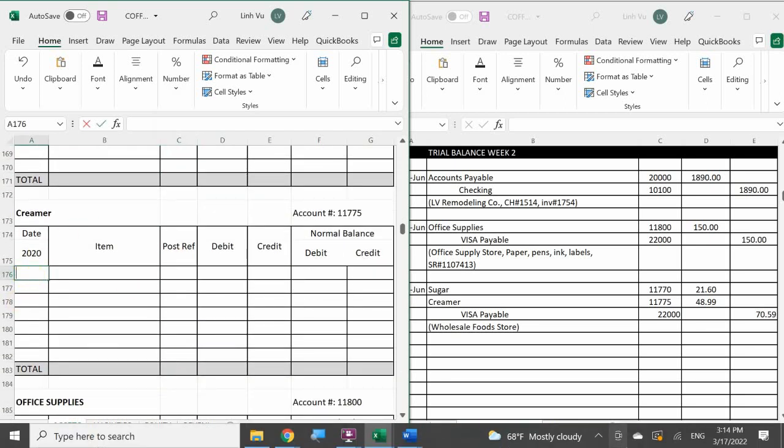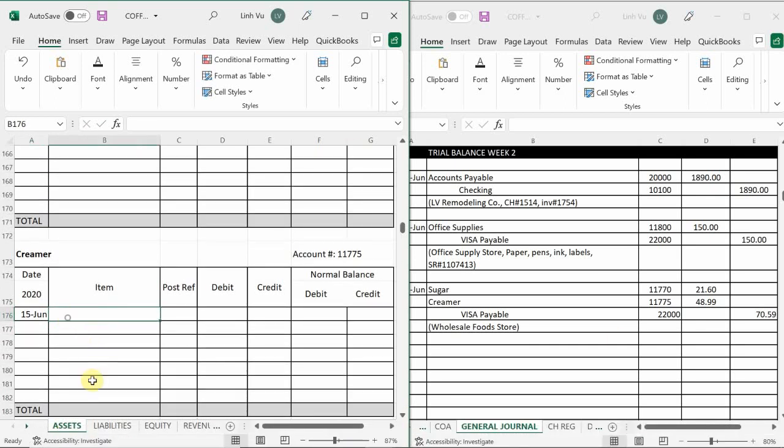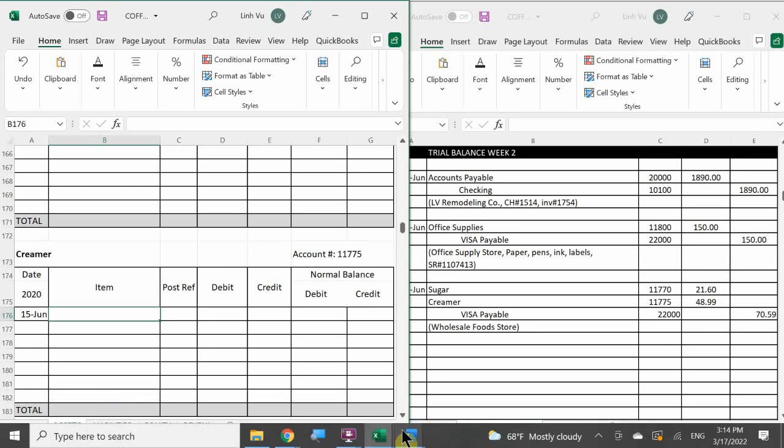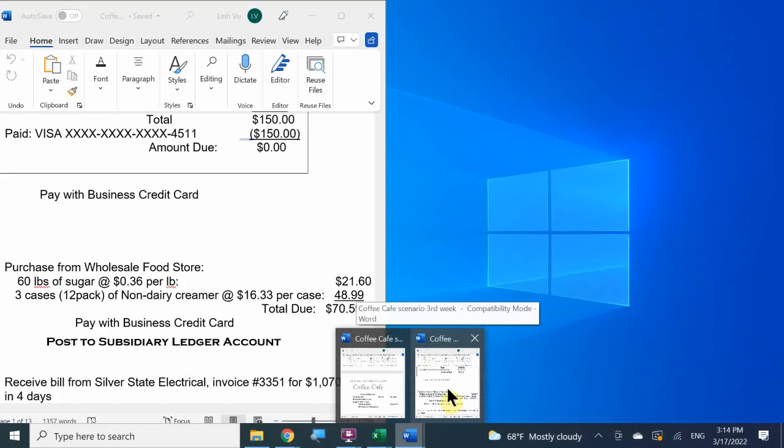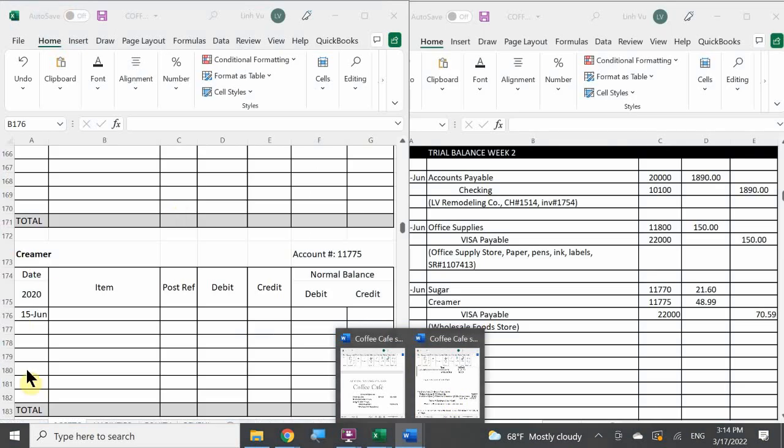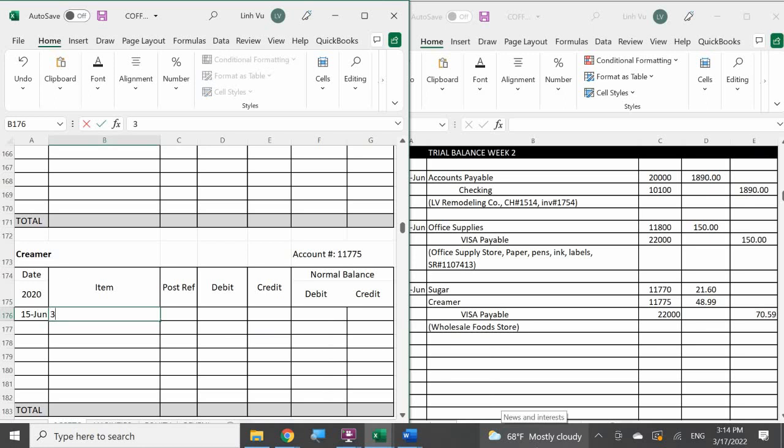All right, what about the creamer? What should I put in my description for the creamer? Yeah, we bought 3 cases, 12-pack each, right, of creamer. So 3 cases, which is a 12-pack of creamer, right?